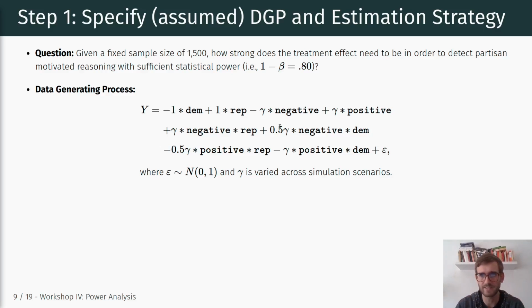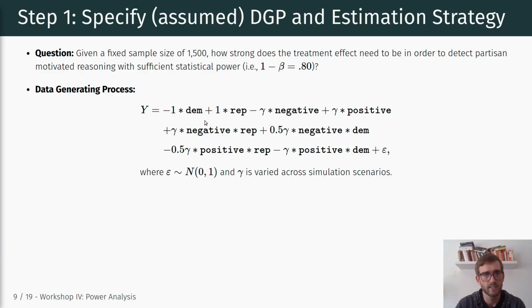Of course, it doesn't end here. We have additional components. We have an interaction between the negative treatment and Republicans, which is gamma times negative times Republican. The idea here is, remember, hypothesis 1 stated that Republicans will disregard the negative information. They will not be affected by it.